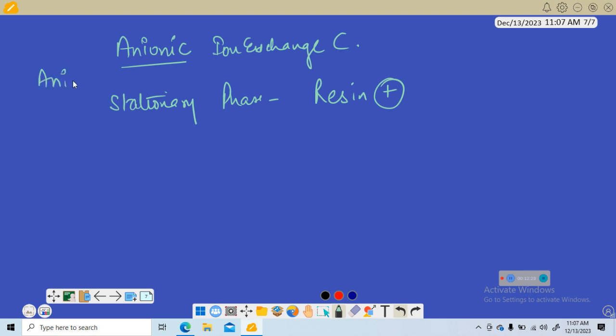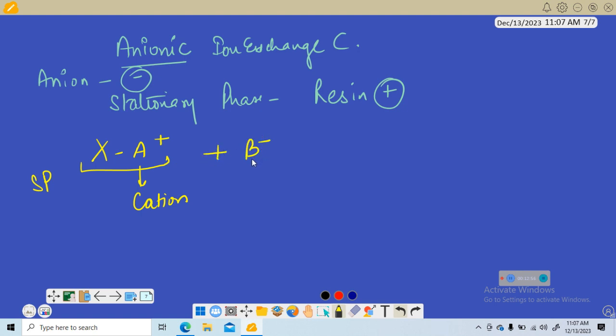Since we are talking about anionic, an anion is negative and the stationary phase will be opposite. Okay, now X A positive, this is the cation and this whole is the stationary phase, this is fixed, plus B negative.